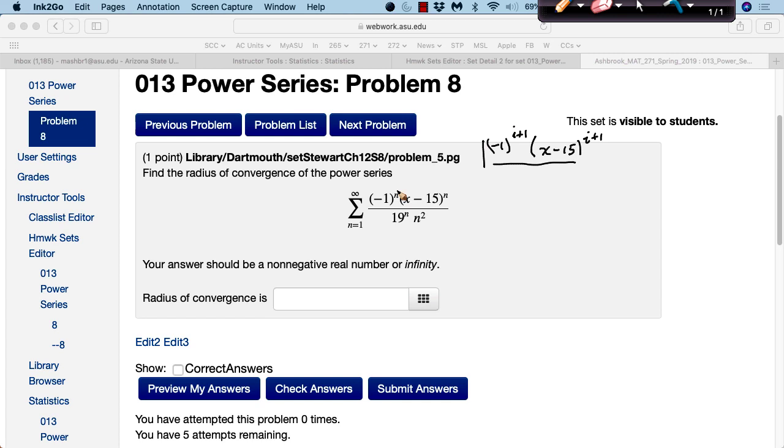We're going to do the i plus first term divided by the ith term, or times the reciprocal of the ith term. Then we gather the like things together, and we simplify, and we found this limit, right?